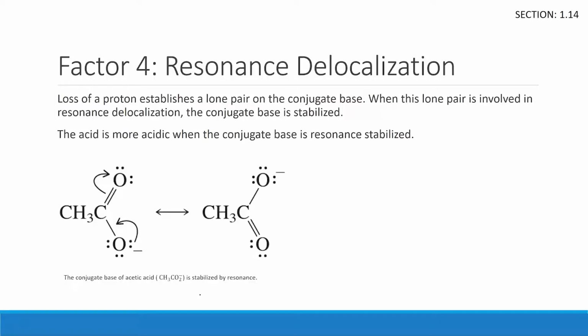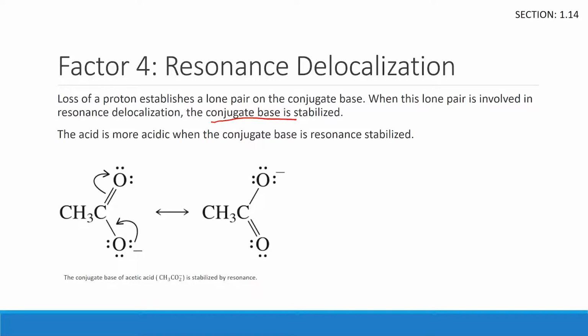One last factor to consider is the resonance delocalization. When you have the loss of a proton, and when that loss establishes a lone pair on the conjugate base, this can be involved in resonance delocalization, and that will stabilize the conjugate base.